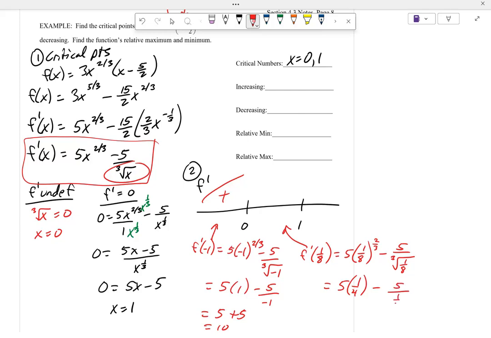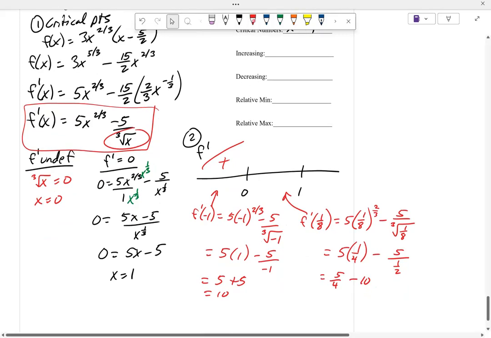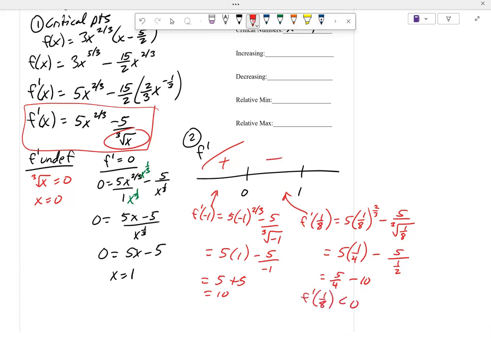So I got 5/4 minus 10, so -35 over 4. The point is that is negative. So then we are decreasing between 0 and 1. And finally, let's throw in f prime of 8. If you throw in f prime of 8, you'll get that thing being positive.